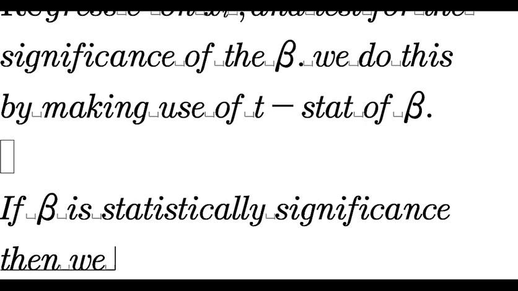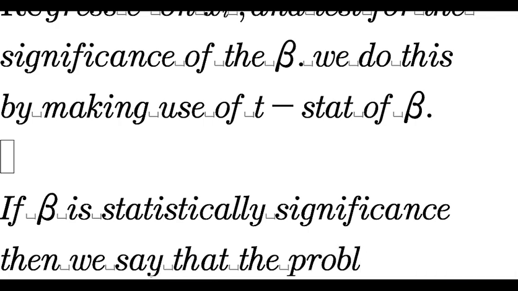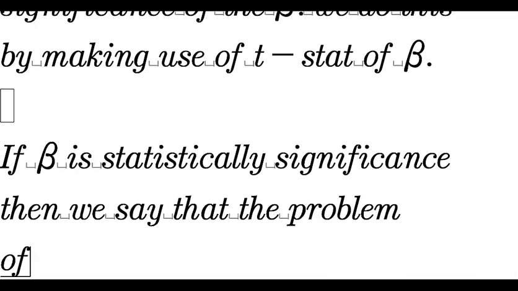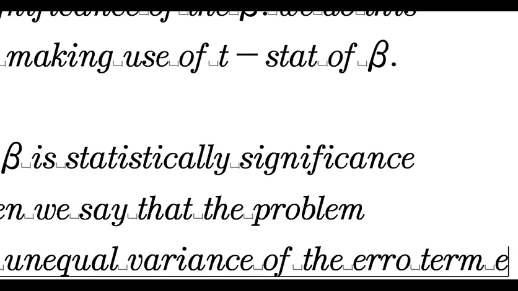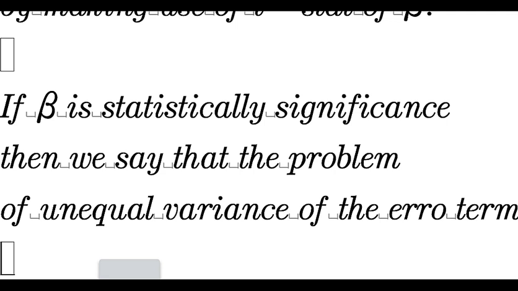So we now say that if beta is statistically significant, then the problem of unequal variance of the error term exists.